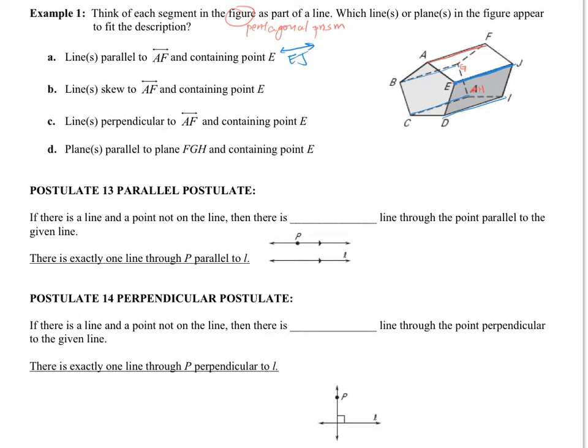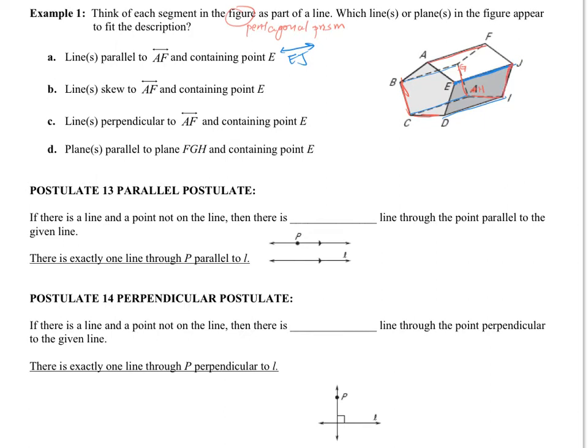Now, we have many lines that are skew to line AF, such as BC, CD, GH, HI, and IJ.